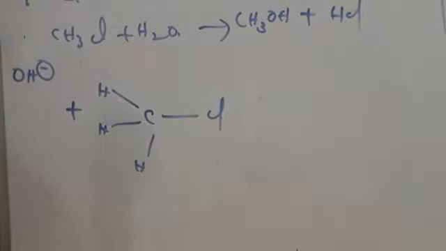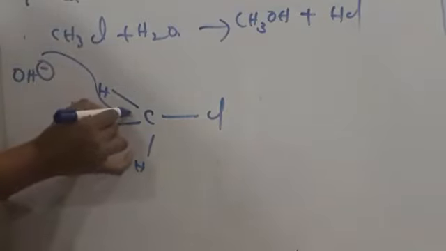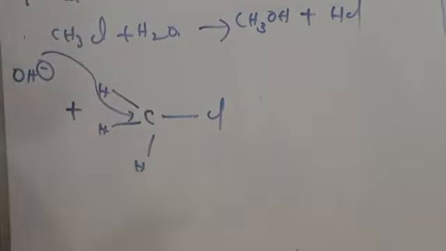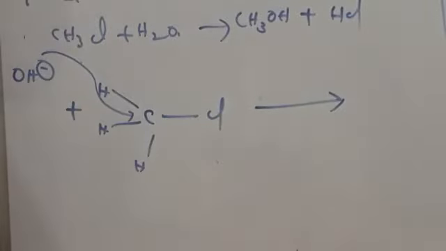The nucleophile attacks the alkyl halide from the backside. Backside attacking takes place here. From this, first we get a transition state.